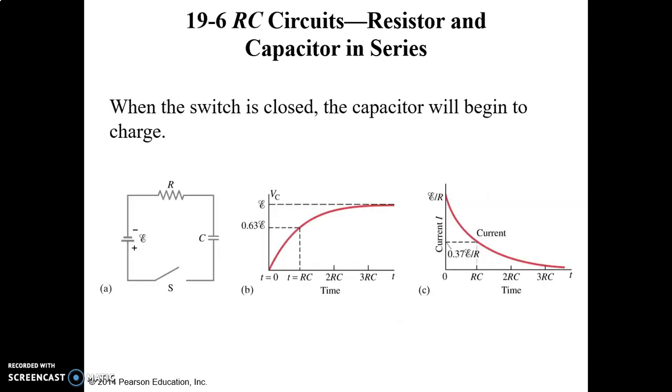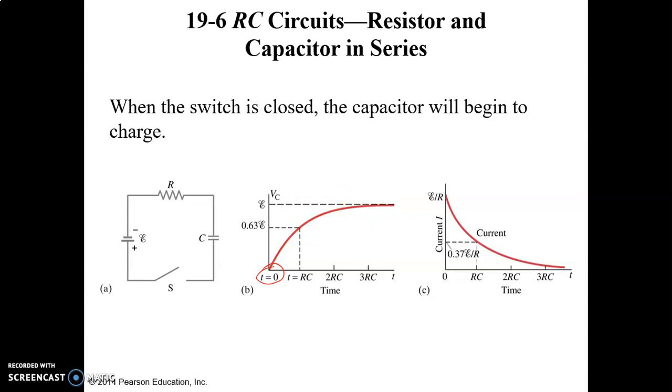Okay, so here's the idea. You have a resistor and a capacitor in a circuit with a battery, but the switch is open, so no current is flowing. As soon as you close that circuit, then the voltage inside of your capacitor starts to increase rapidly.